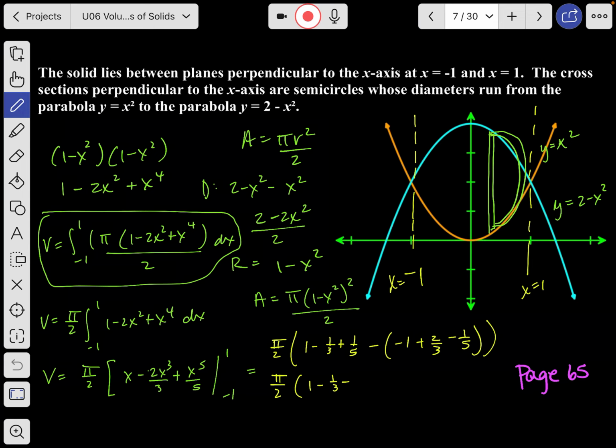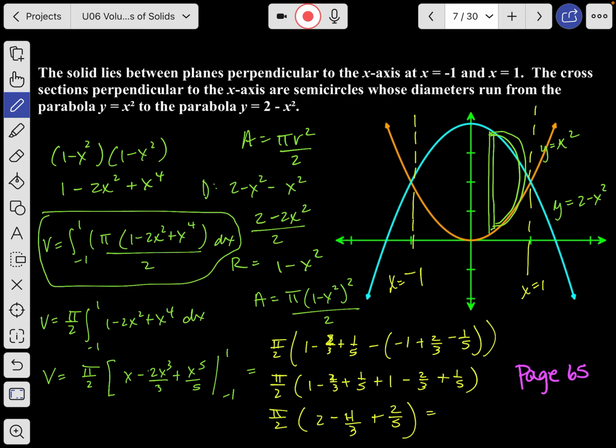So pi over 2, 1 minus 2/3 plus 1/5 plus 1 minus 2/3 plus 1/5. Combining like terms, pi over 2, 2 minus, did I mess up? This should be 2/3. There we go, minus 4/3. That should be a 2, not a 1/3. So 4/3, and then plus 2/5.